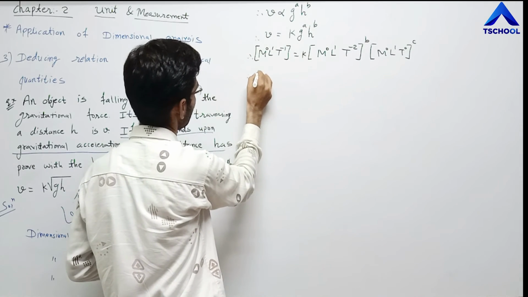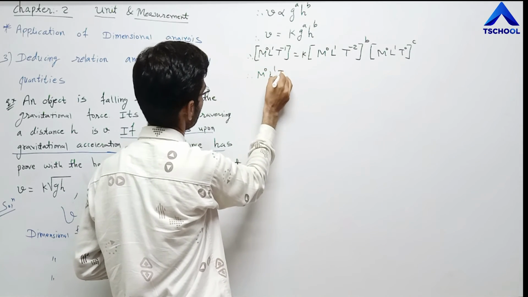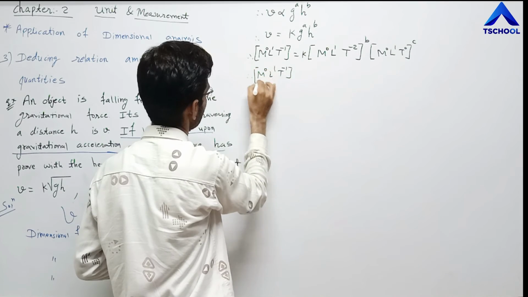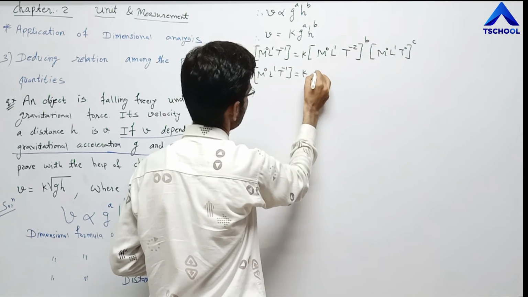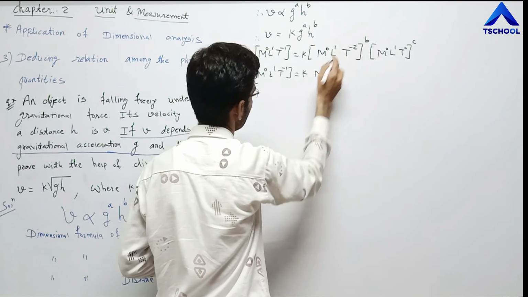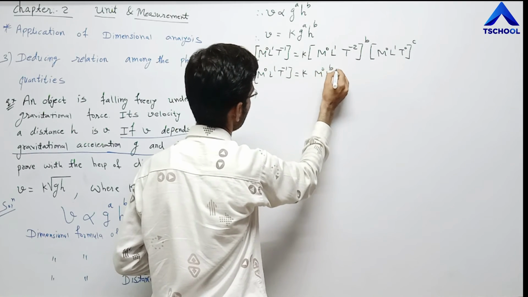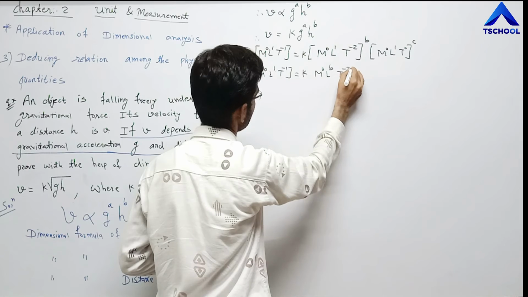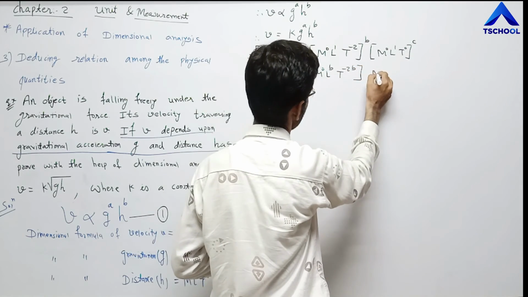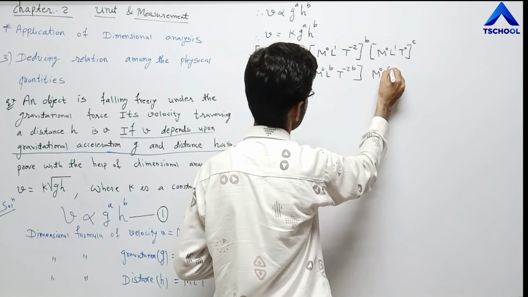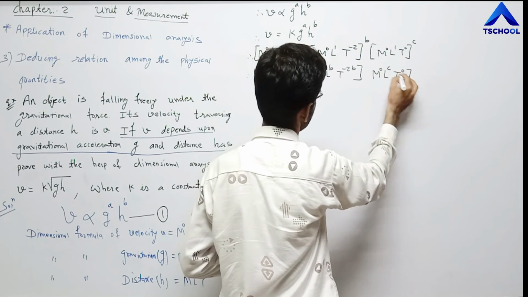Now M0 L1 T minus 1 is equal to k, M power 0, L power 1 into b, and L power b, T power minus 2b, M power 0, L power c, T power 0.